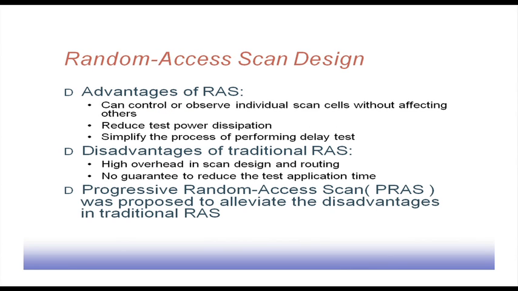Another strategy is random access scan design. We want to access any of the flip flops in any order, unlike in a serial scan. In a serial scan, if you want to access a particular flip flop, you have to shift in the patterns through the serial input line of the previous scan flip flops, and only then will it come there.